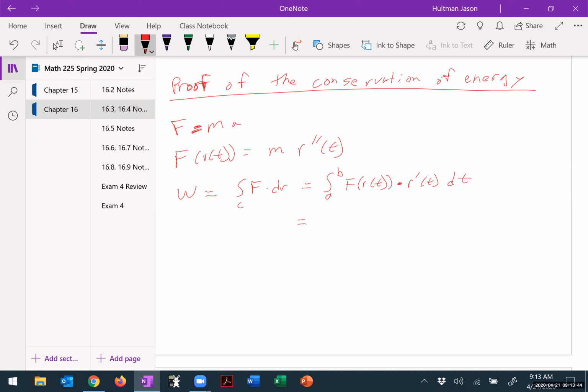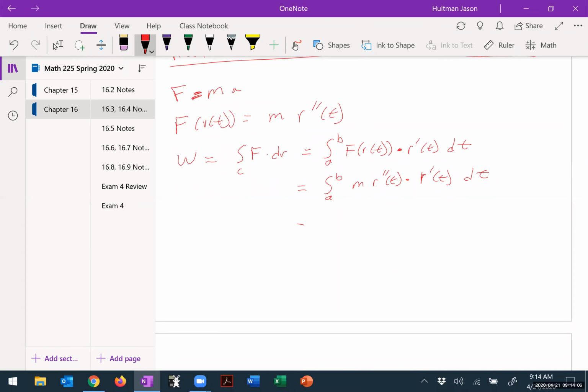So what is this going to be equal to? Well, we're going to replace the F of r of t with m r double prime of t. So this is the integral from a to b of m r double prime of t dot r prime of t dt.